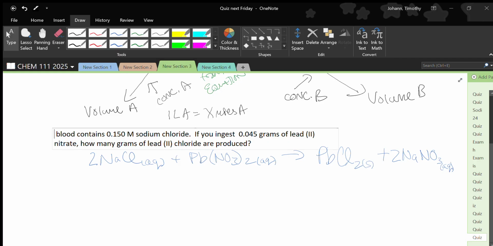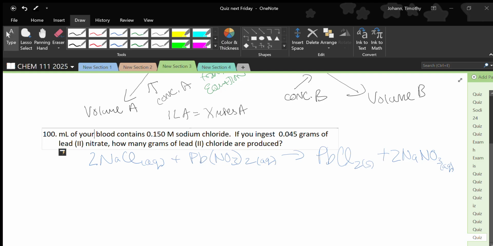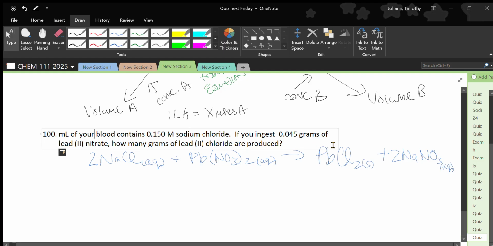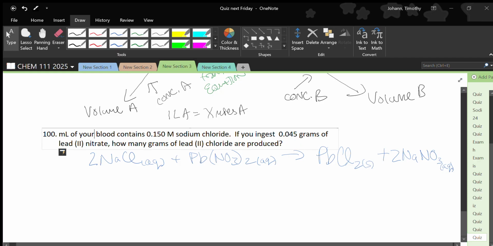Those are 100 milliliters, I think. 100 milliliters, we'll make it 3 significant figures, milliliters of your blood. There we go. All right. And then it says ingest, but let's pretend it's in a bag and you added it to it instead. The lead nitrate.